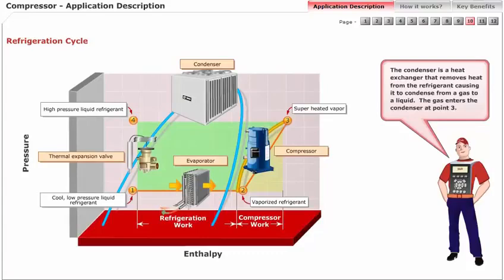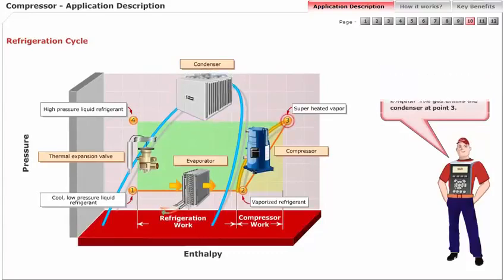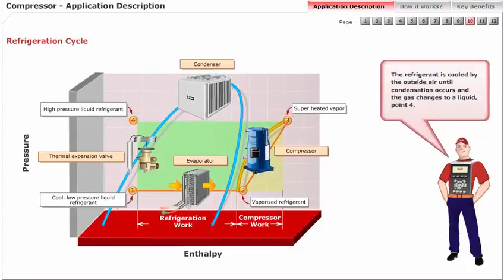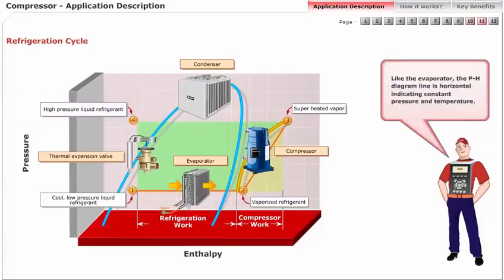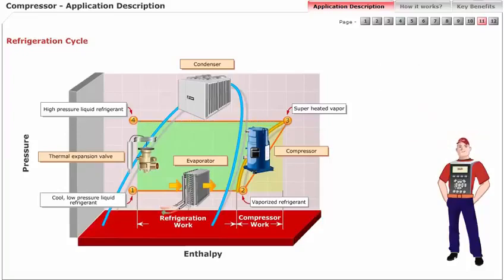The gas enters the condenser at point 3. The refrigerant is cooled by the outside air until condensation occurs, and the gas changes to a liquid, point 4. Like the evaporator, the pH diagram line is horizontal, indicating constant pressure and temperature.